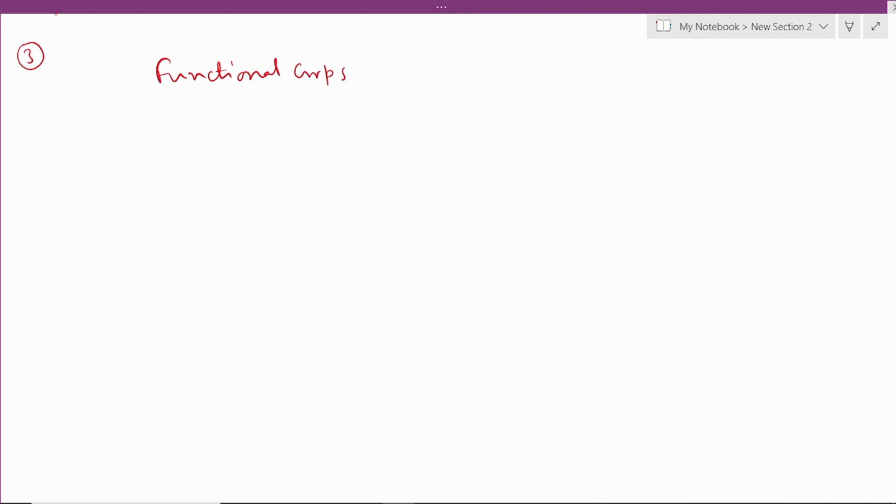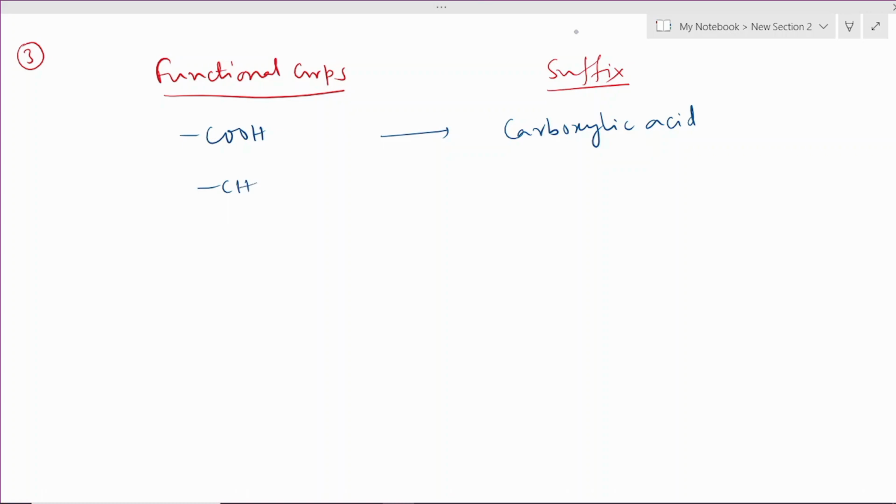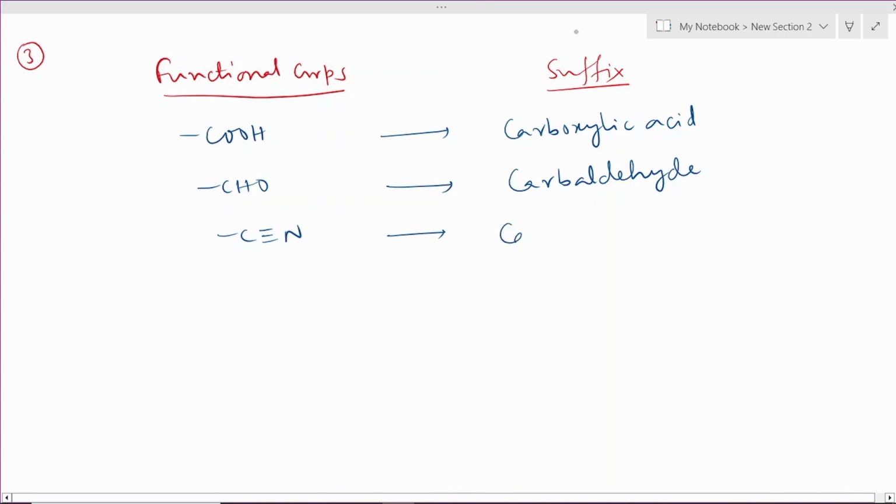Functional groups and suffix: for acid, it will be carboxylic acid, for aldehyde, it will be carbaldehyde, and for cyanide, it will be carbonitrile. This will be used only if similar terminal functional groups are present.